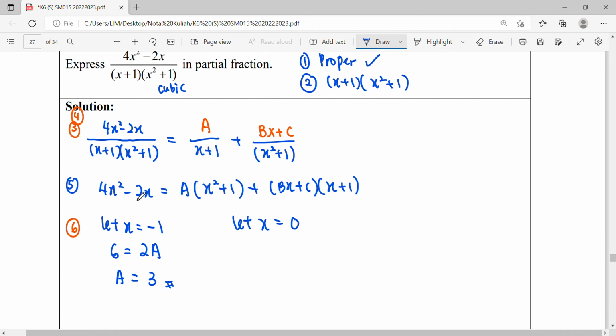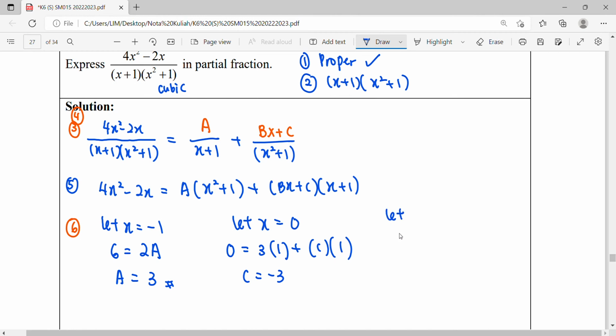So substitute 0. A is 3. So once we get this answer, we put back this is 3. X is 0, then b times x is 0, leaving c. So 0 plus 1 is 1. So c will be equal to negative 3.